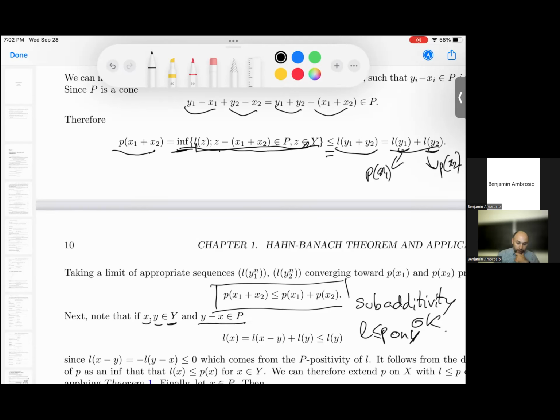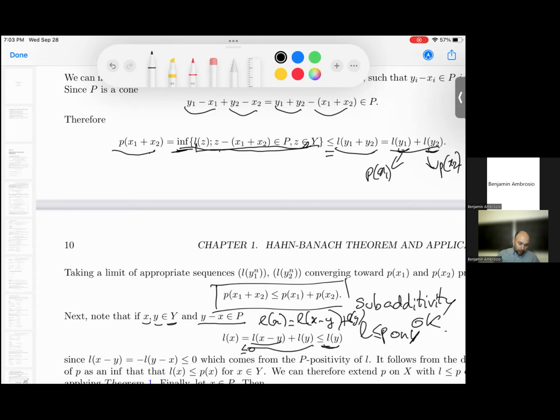So I can write L of X, because X belongs to Y, as L of X minus Y plus L of Y, by linearity. But then this is less than this because this is negative. Why is this negative?